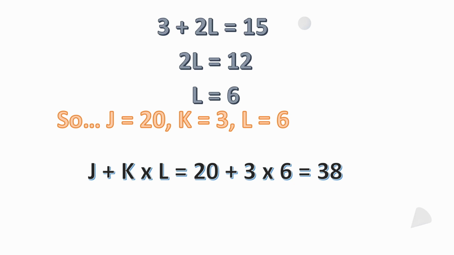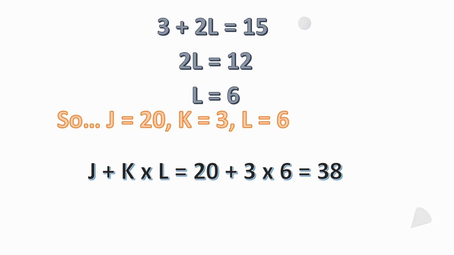So 3 minus 3 on the left side would leave me with a 0. So I just have the 2L left on the left side of the equation. The 3 goes away. Now if I subtract 3 from the right side of the equation, what's 15 minus 3? 15 minus 3 is 12. So you're left with 2L equals 12.